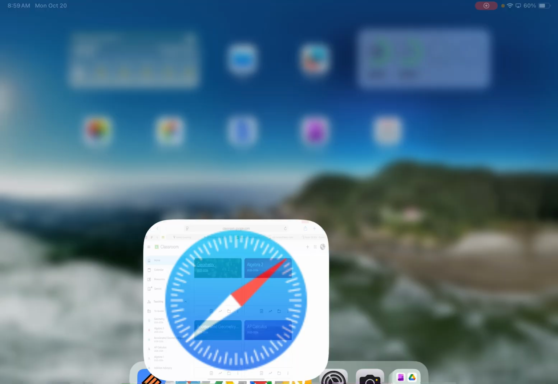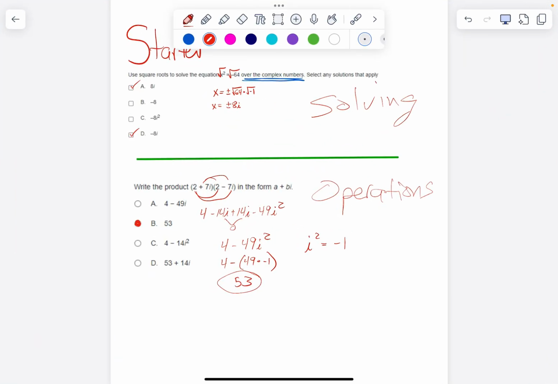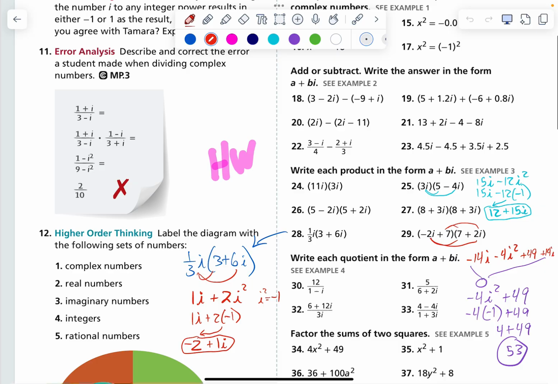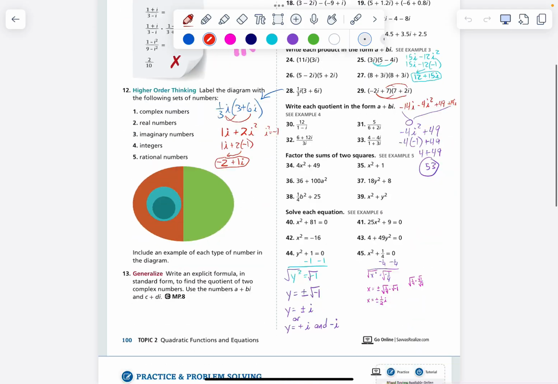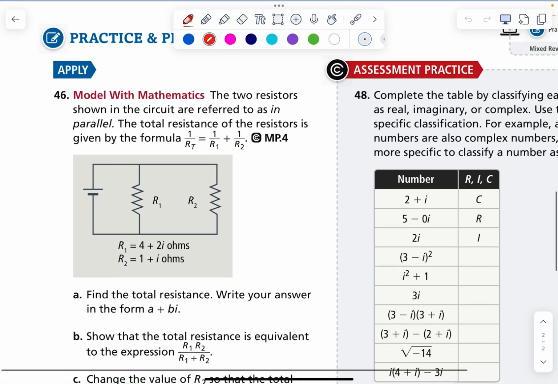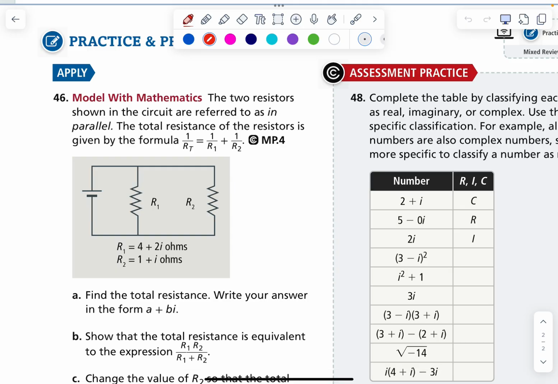How'd you do? Any of those you'd like me to do? Okay. Just one thing to point out before we start is here's a real world application of this complex number system, right? So resistance.